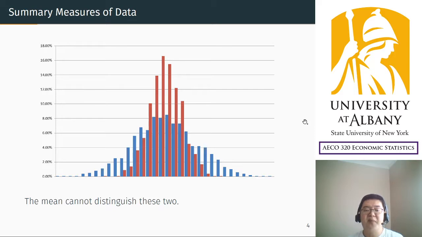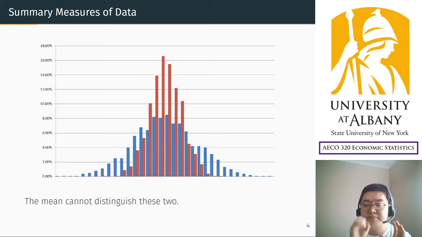However, now think about these two. The blue and the red are different again. The blue is like this, and the red is like this. To describe their difference in words, I would say the distribution of the blue is more flat, or the observations of blue are more spread out, like it ranges from here to there, so it's further away. But the red is more spiked, more concentrated. It's closer to the center.